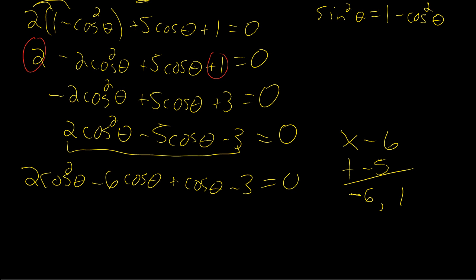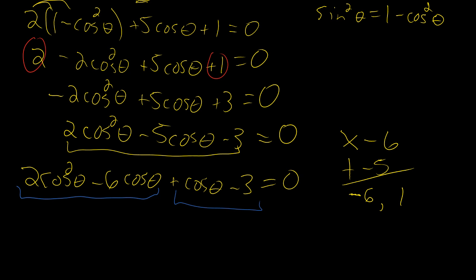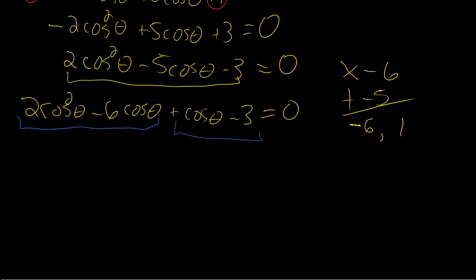So 2 cos squared theta minus 6 cos theta plus 1 cos theta minus 3 equals 0. So now we're going to break this up into 2 parts and see what's common. That's how we handle our decomposition problems. So we definitely have a 2 common. We have a cos common. And what's left is cos, and 2 times 3 is 6, so minus 3.